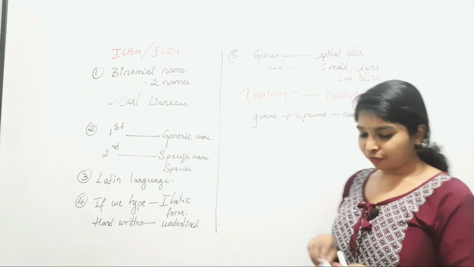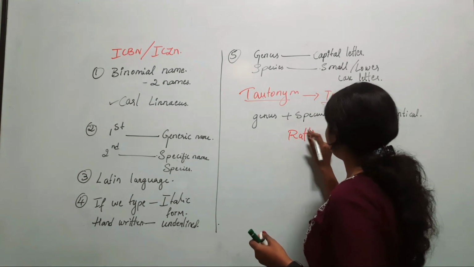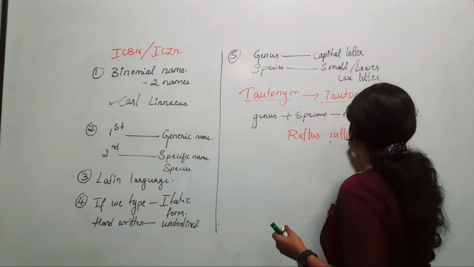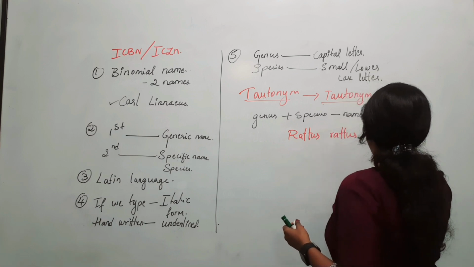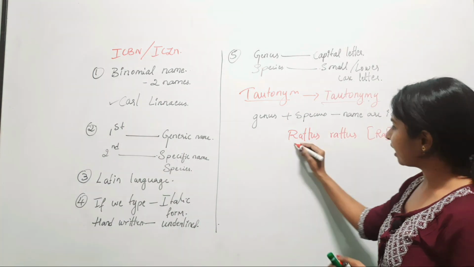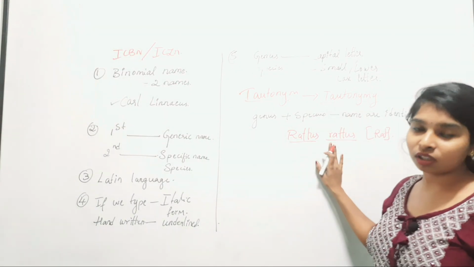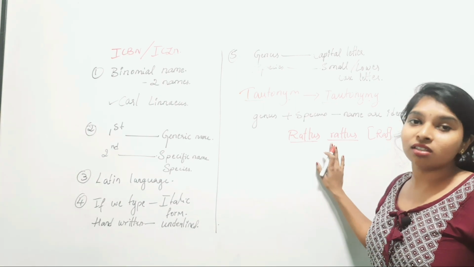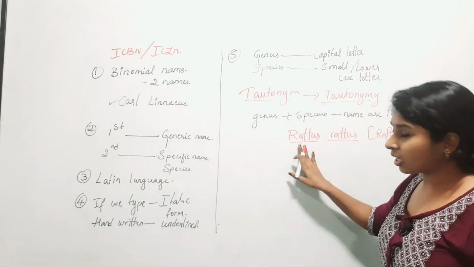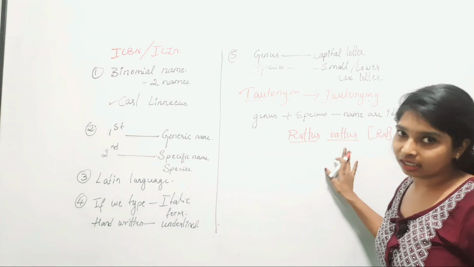For example, Rattus rattus is the scientific name of the rat. The common name is rat, and the scientific name is Rattus rattus, underlined based on the rules given by ICBN and ICZN. Here you can see the genus name and species name are identical.